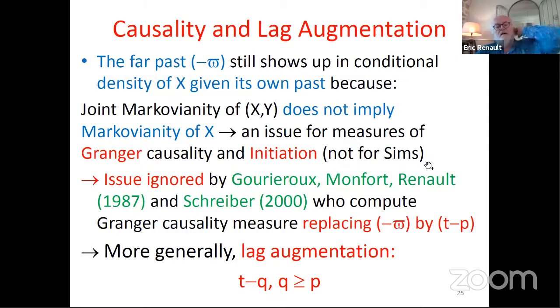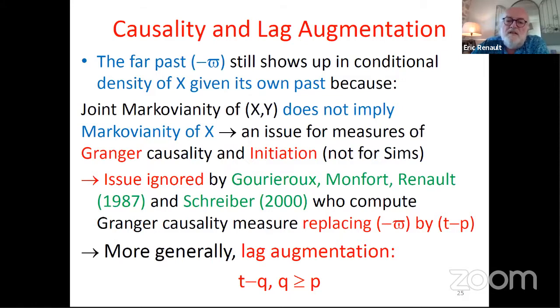How can you understand this mistake? Because I call it a mistake, right? And I'm allowed to say that because I put myself in the mistake. It is a mistake because people have made a confusion with testing. When you test for non-causality from Y to X, and you compute the critical region and so on, you are focused on the property under the null.